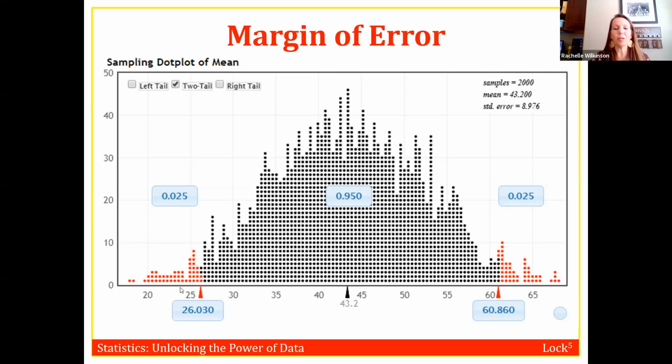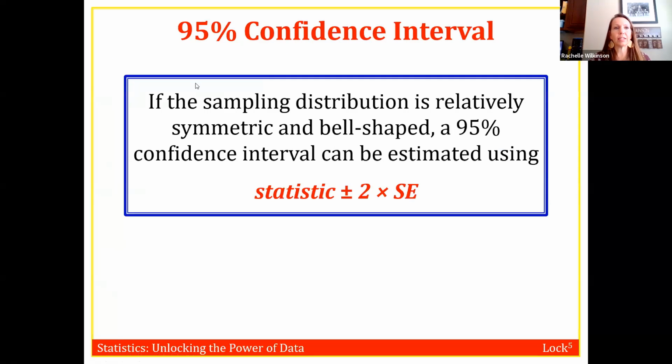And if we happen to be one of these unlucky little red ones, we won't know it because we only took one sample and we don't actually know what the population value is. So it will be sad, but it's not going to happen that often, only 5% of the time. Okay, so this is the method that we're going to use to construct our confidence interval.